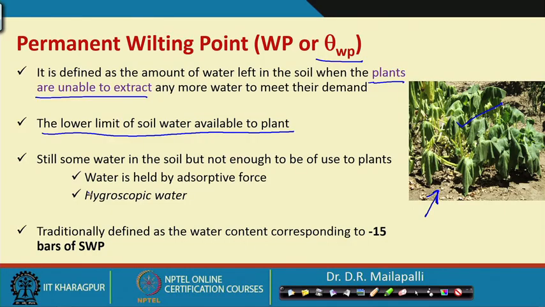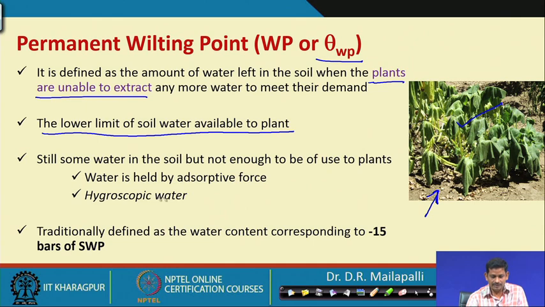Still some water remains in the soil, but not enough to be used by plants. Here water is held by adsorptive forces and is hygroscopic water. Some part of the water is available to the plant, the other part is not.